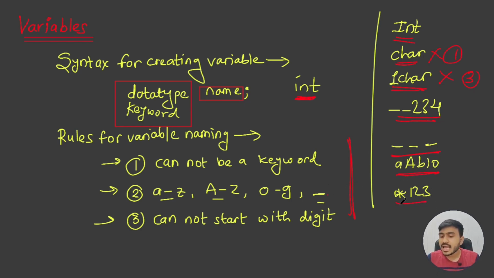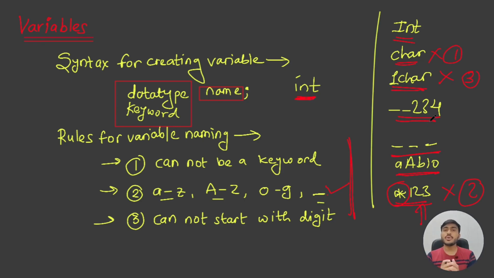And let's check the last variable name, star 123, whether this is a valid variable name or not. See, this is not a valid variable name because it doesn't satisfy rule number 2. It contains star in the variable name and star is not allowed. It's not a valid character for creating a variable name. That's why the last variable name is not a valid variable name.